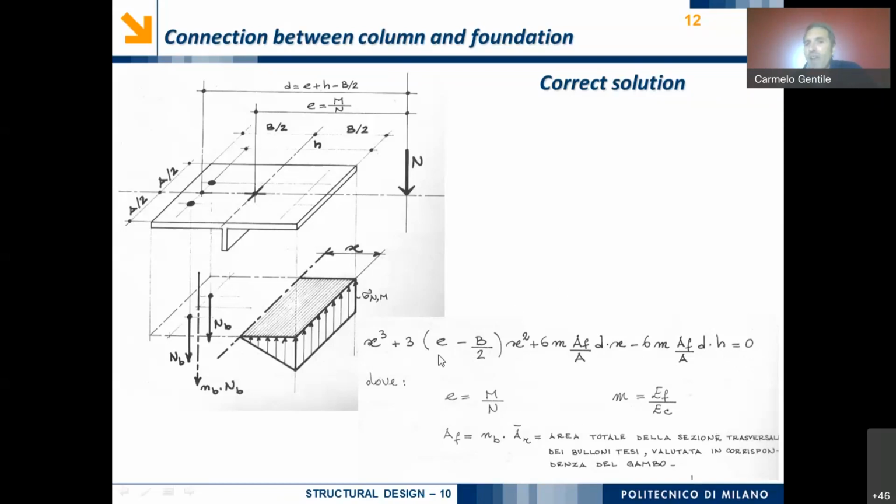But how to try again? If this summation gives a number that is larger than 0, I have to decrease the trial value of x. If it gives a value that is lower than 0, I have to increase it.